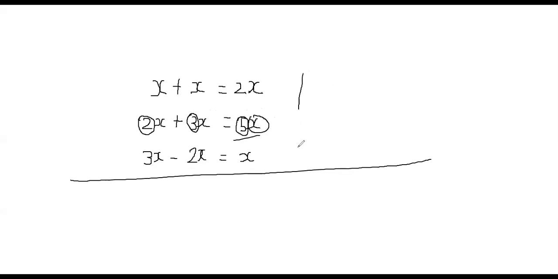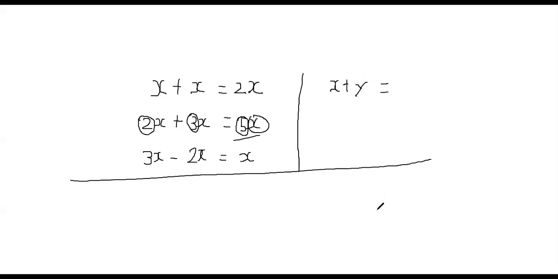What if we're dealing with 2 different variables now? So we're going to have x plus y. What would be our answer there? That cannot work, because in maths, they're not like terms.